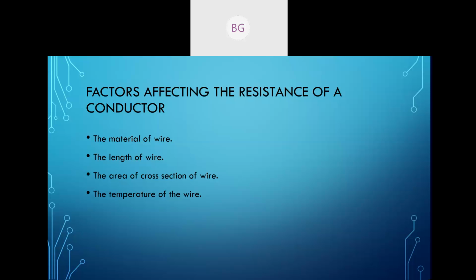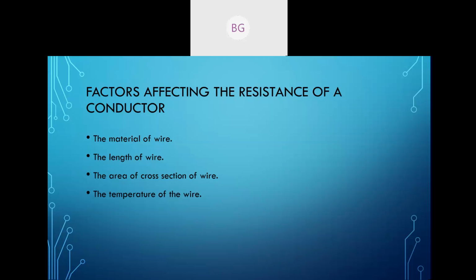That is, as the length increases, the resistance goes on increasing. So a shorter wire will have less resistance, that is, the flow of current will be more in it. And if the length of the wire is more, the flow of current will be less.